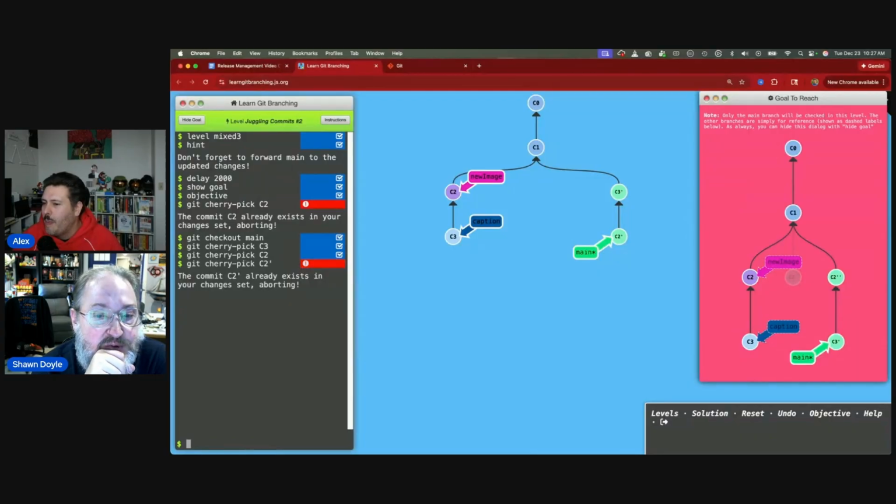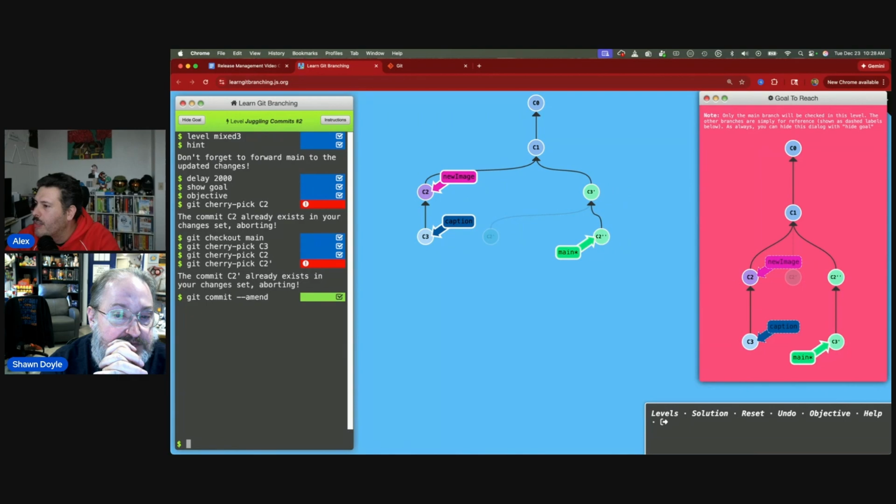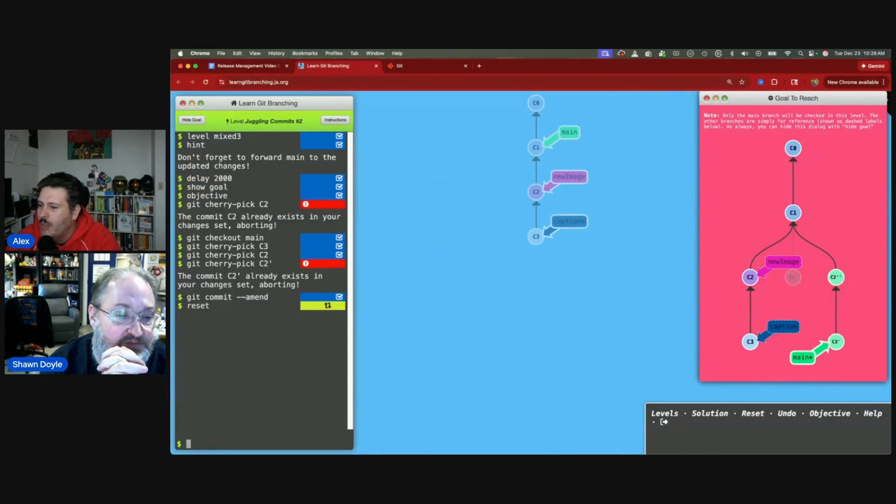I think we needed to amend C2, not cherry-pick it. I want to see what an amend does. Huh. Okay. So I think we should have done an amend first and then a cherry-pick. Okay. So we want to git checkout main. Yep. Then we want to git cherry-pick C2.